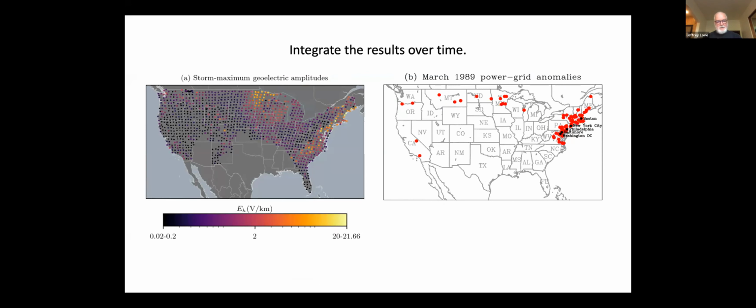And there you have it on the left-hand side, ranging in amplitude quite considerably across more than 2 orders of magnitude, really almost 3 orders of magnitude. Because we show it saturates on the lower scale. And see where those geoelectric fields were realized, and then look at the anomalies.